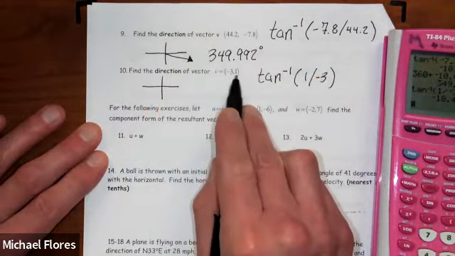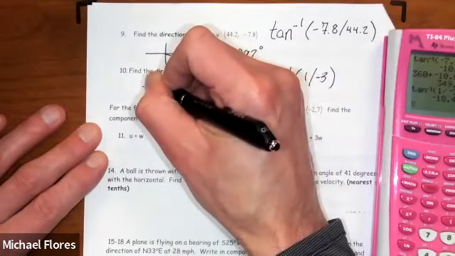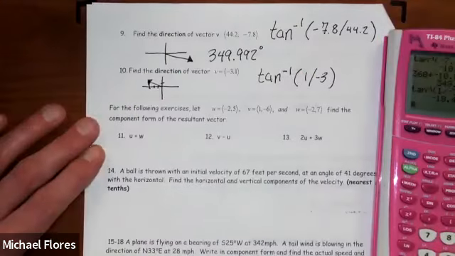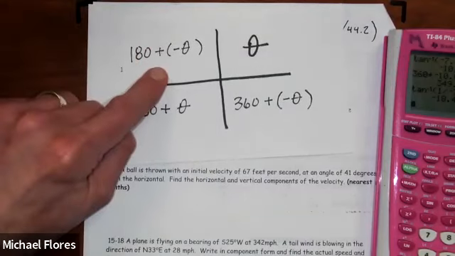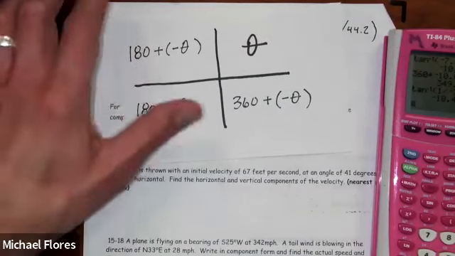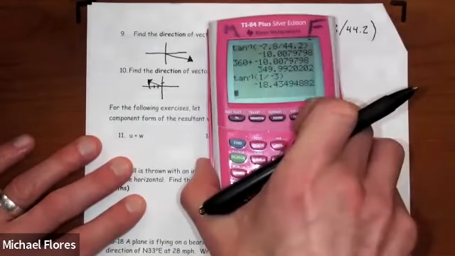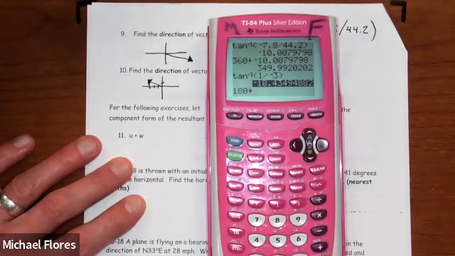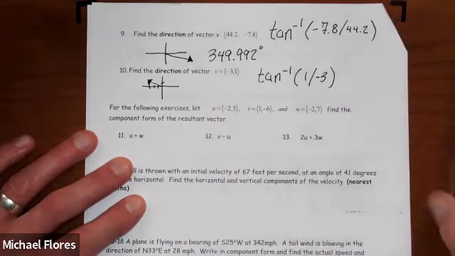We have to go left 3 and up 1. Left 3, up 1. So we're in quadrant 2. That's what we need to do for quadrant 2: 180 plus our negative angle theta. 180 plus. Copy and paste. 161.565 degrees.